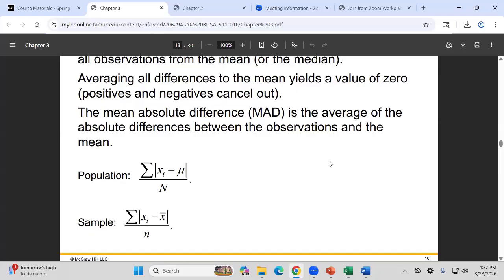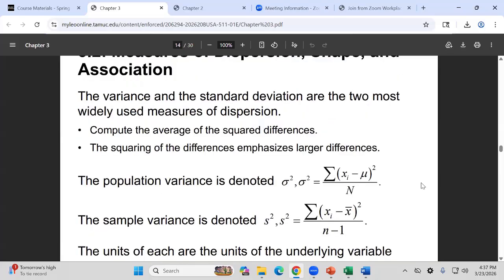The third one is standard deviation, which is very important. Remember these two equations. Standard deviation, I think, is the most frequently used measure of dispersion of your data set.